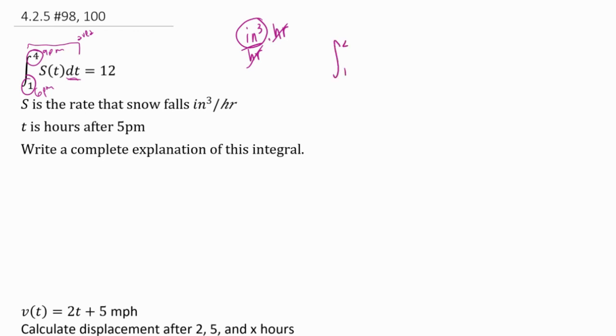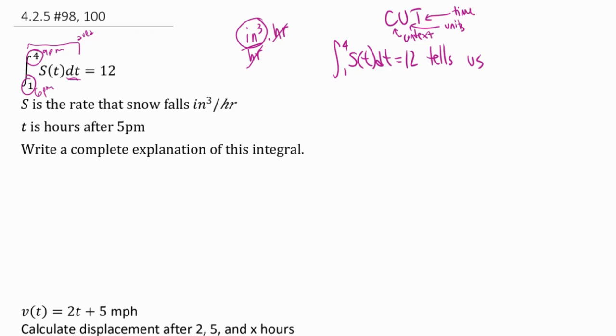The integral from 1 to 4 of s of t dt equals 12 tells us, and make sure that you always include 3 things. You're always going to include context. You are always going to include units of measure, and you are going to include time.